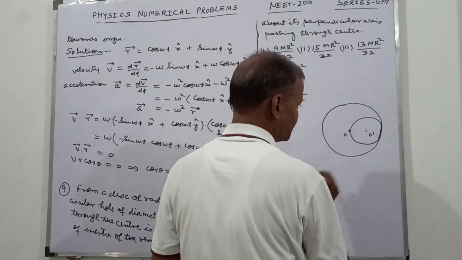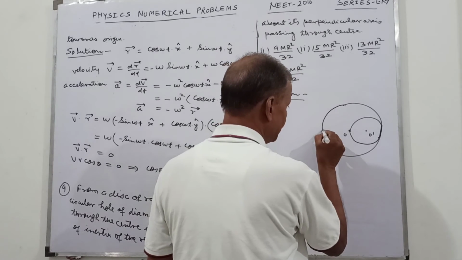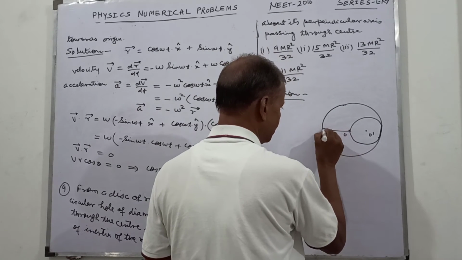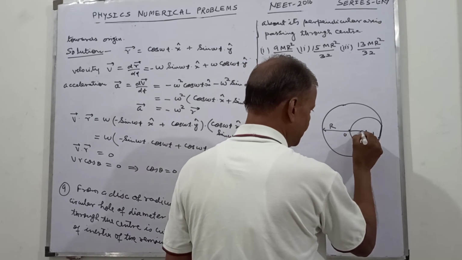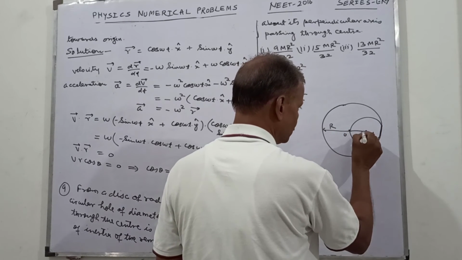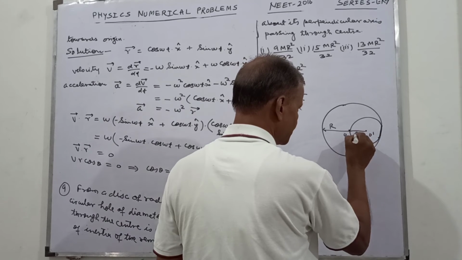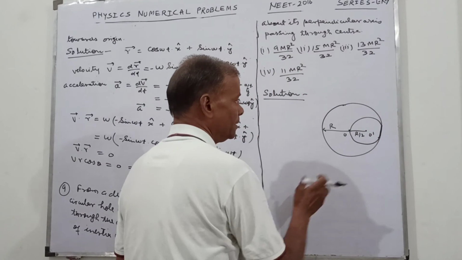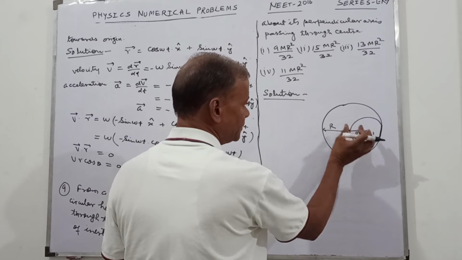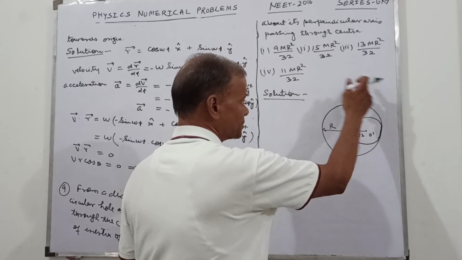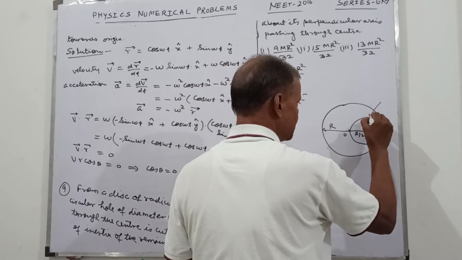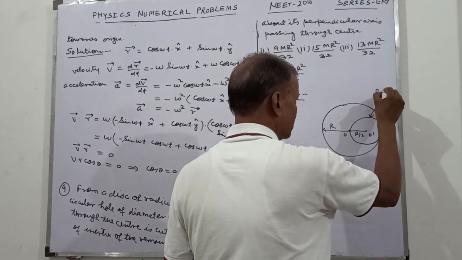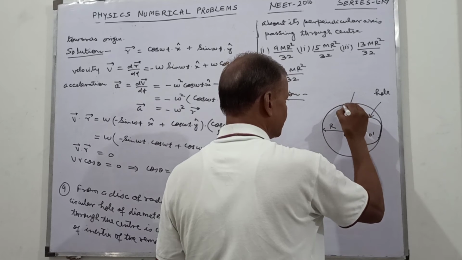This is the center O, this radius is r, this is r, this radius is r by 2, this radius is r by 2. Because the whole is r, this will be r by 2. This is the center of this disc, this is the hole, this is the disc.